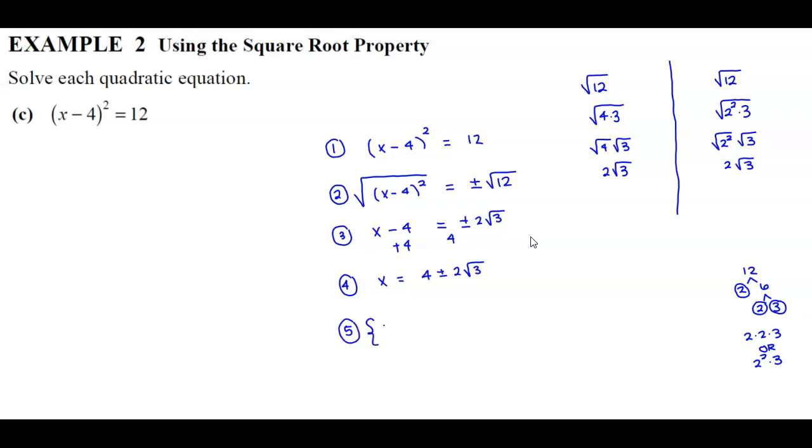The first one is 4 minus 2 times the square root of 3, and then 4 plus 2 times the square root of 3. And then again, the simplified version is going to be 4 plus or minus 2 times the square root of 3.